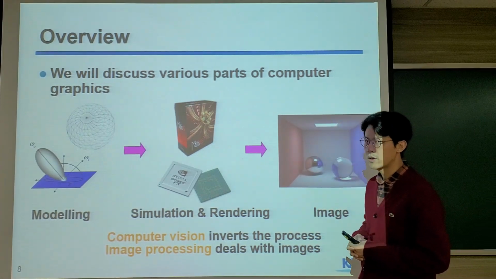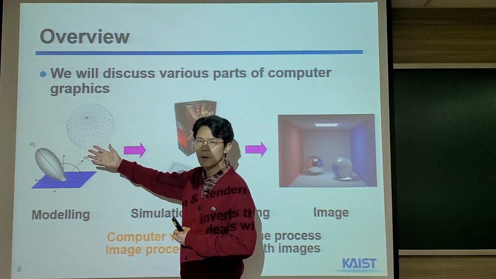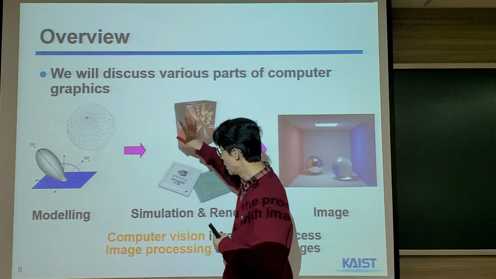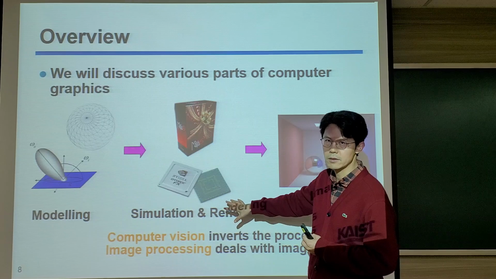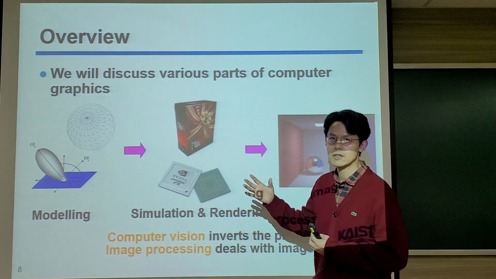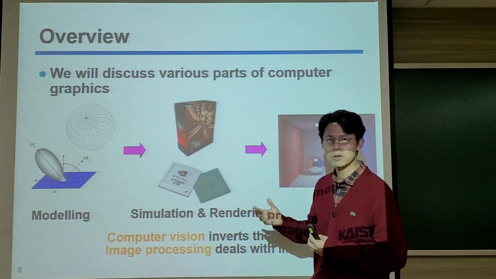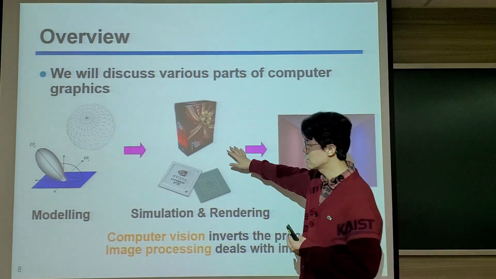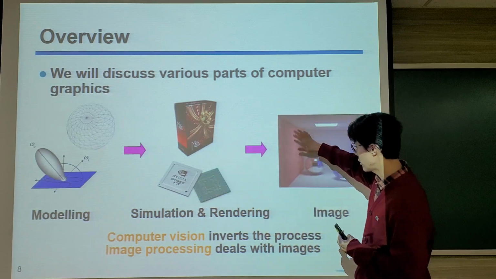Typically we use triangles for modeling, but there are many other advanced technologies for modeling. Here we will mainly talk about rendering techniques. We'll touch on rasterization techniques, and also recent ray tracing and Monte Carlo ray tracing techniques as an example of simulation for the rendering process to generate the image.